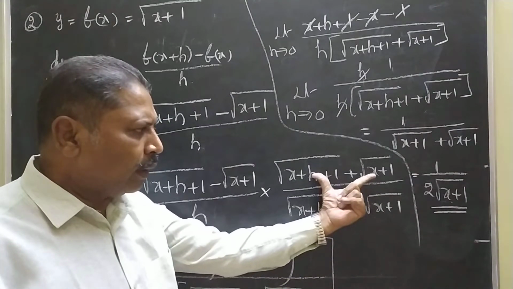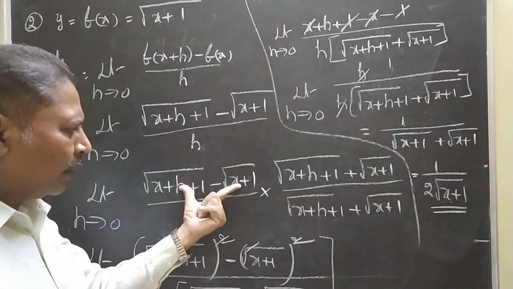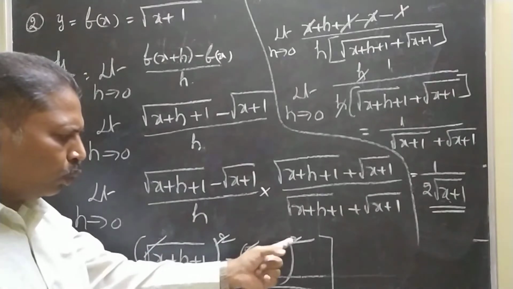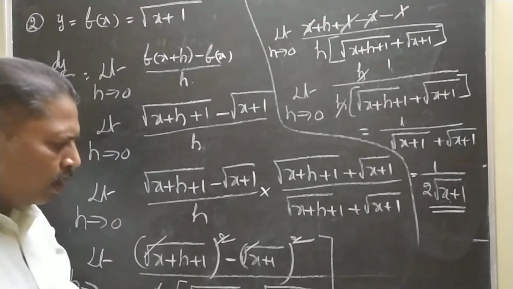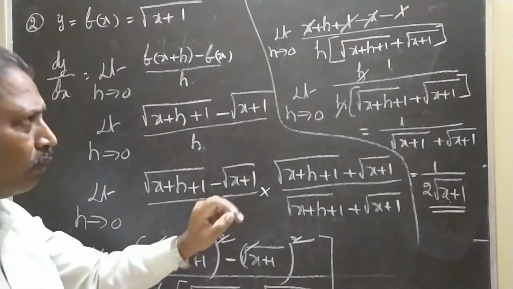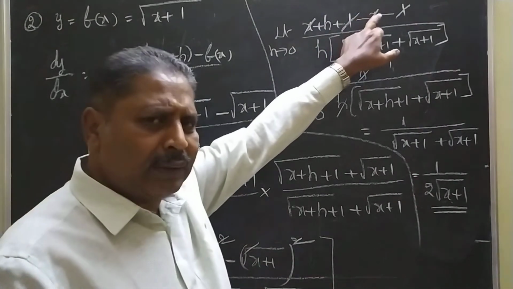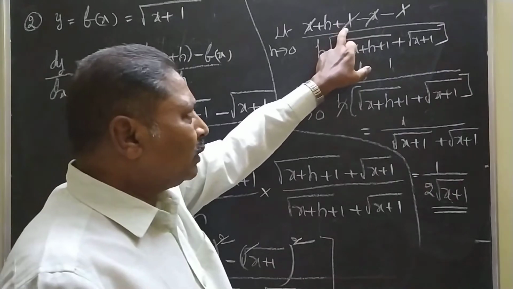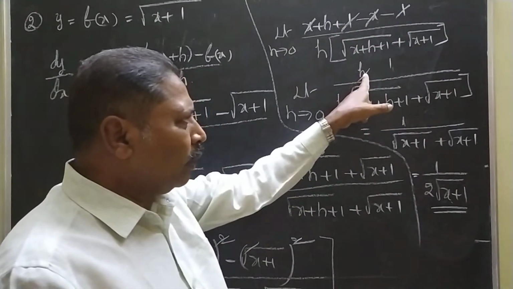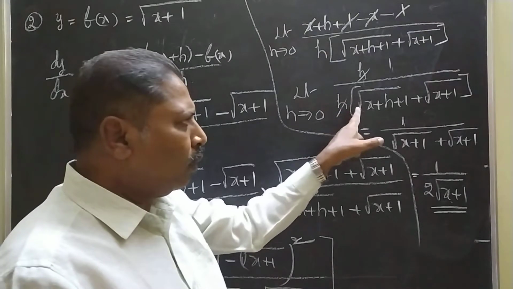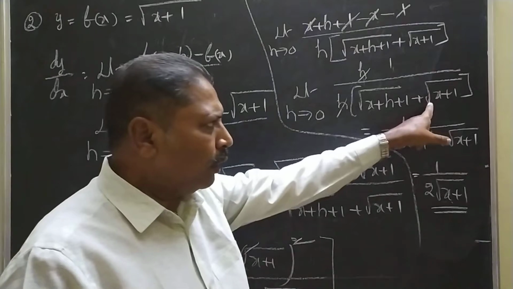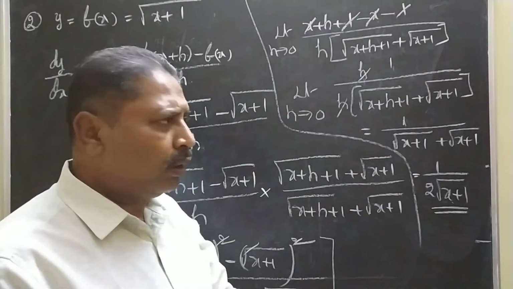In the numerator, a plus b into a minus b gives a square minus b square, so the root squares cancel. Then x minus x cancels, plus 1 minus 1 cancels. Remaining is h by h into under root x plus h plus 1 plus under root x plus 1.